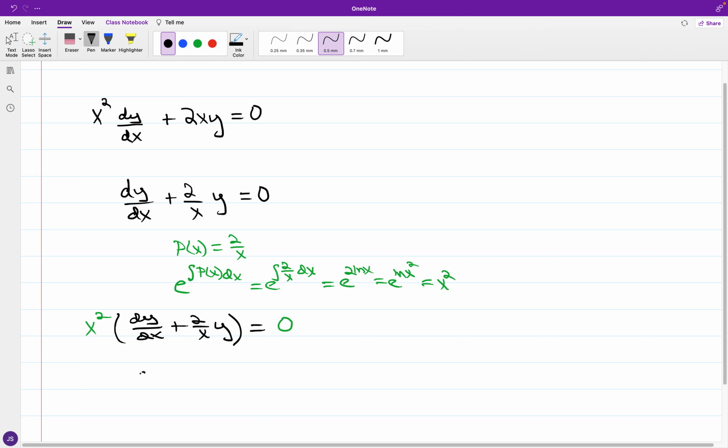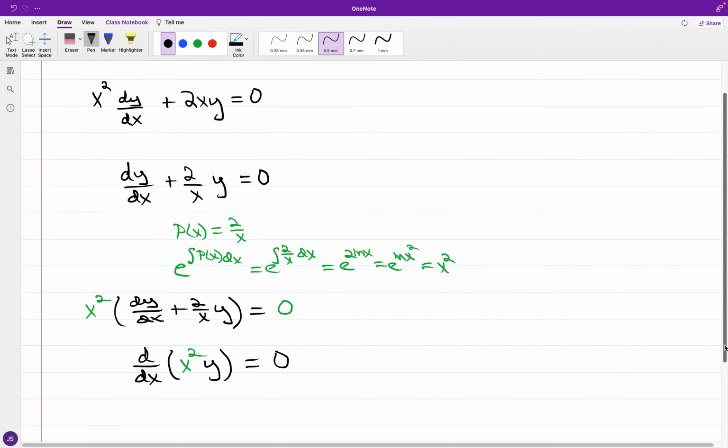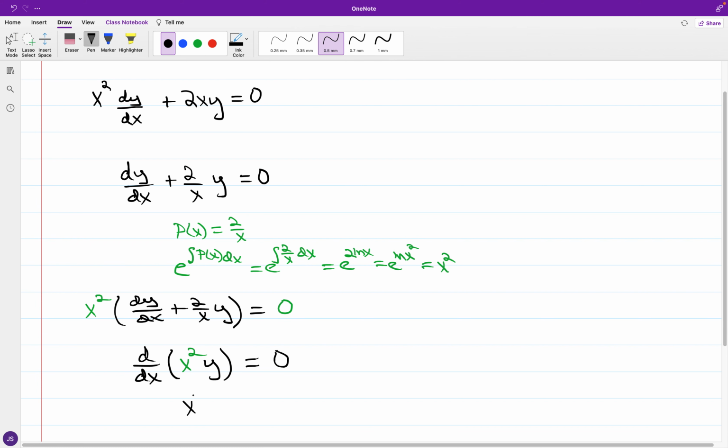But notice on the left-hand side we have what is otherwise the product rule expansion of taking the derivative in x of the integrating factor x squared multiplied by the dependent variable y, so we have x squared y is equal to the integral of 0 dx, which is going to be a constant.